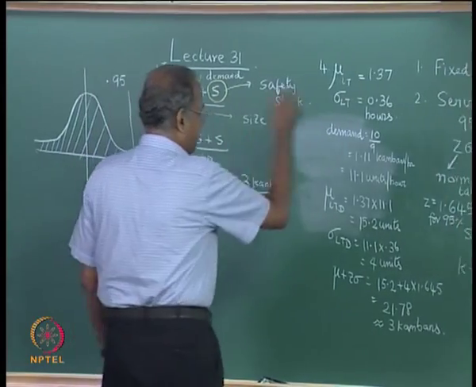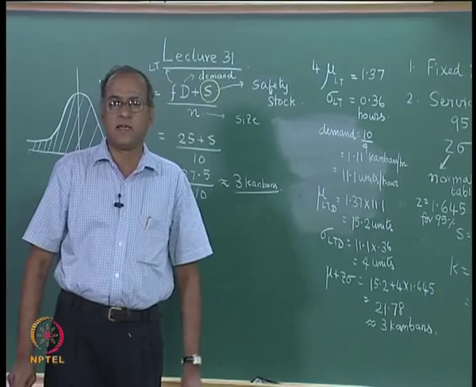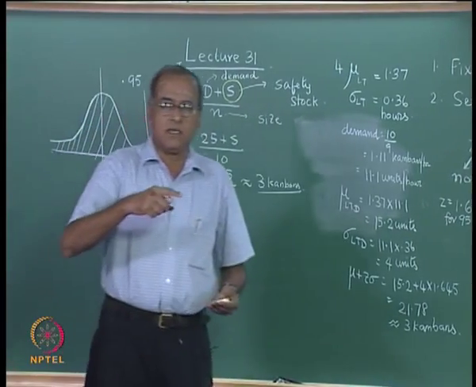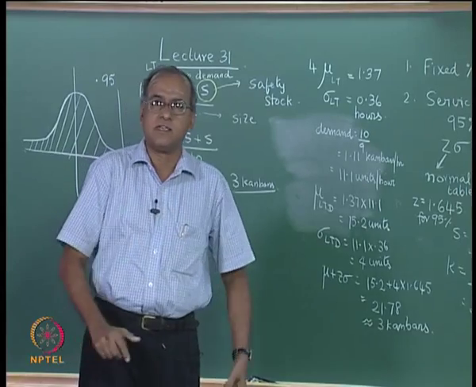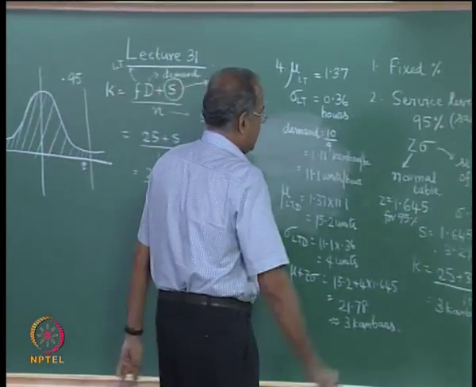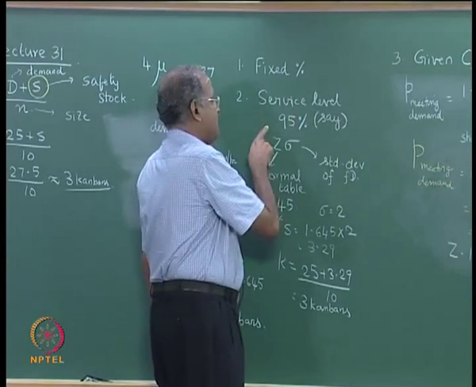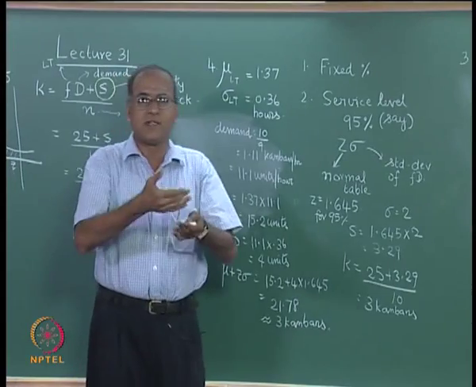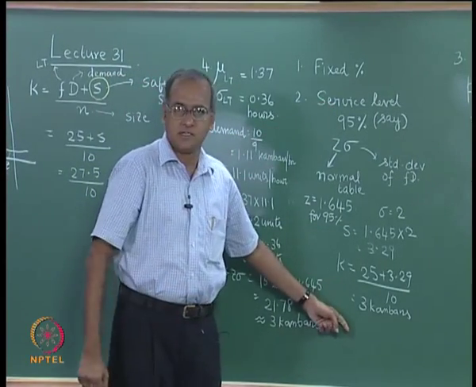So in all the 4 instances of calculation, we had the same value of 3 Kanbans, but the way by which we calculated in each of these instances is very different. In the very first one, we assumed a fixed percentage for the safety stock. In the second one, we assumed a certain service level, and based on the service level we did the calculations.